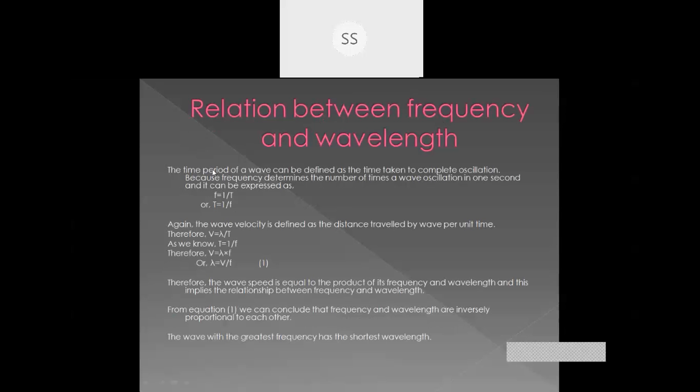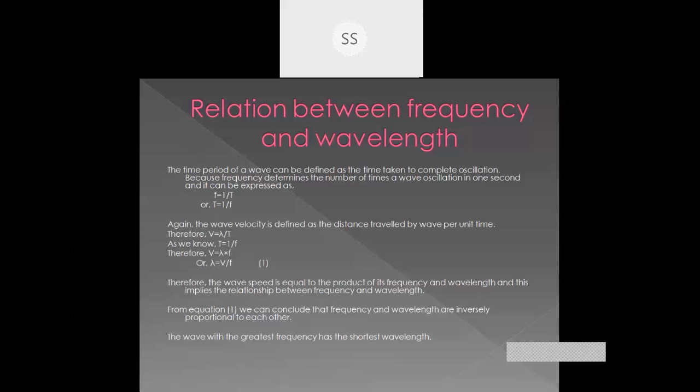I will not give the definition of time period separately. If a question comes on this definition, you have to write down this line: the time period of a wave can be defined as the time taken to complete one oscillation.